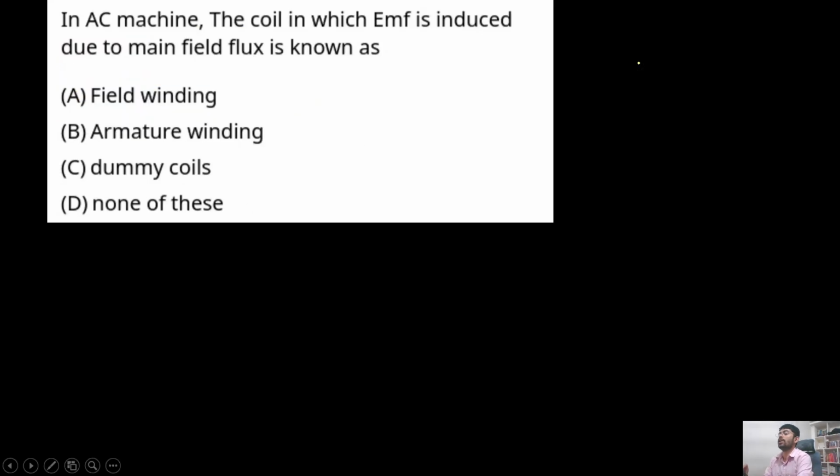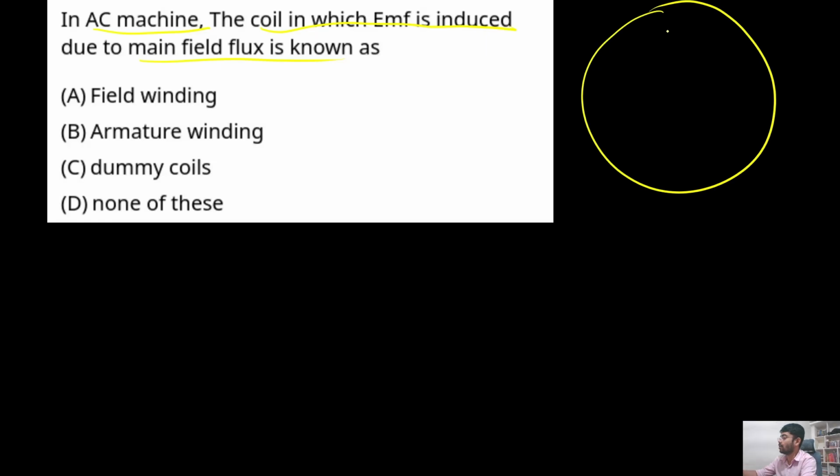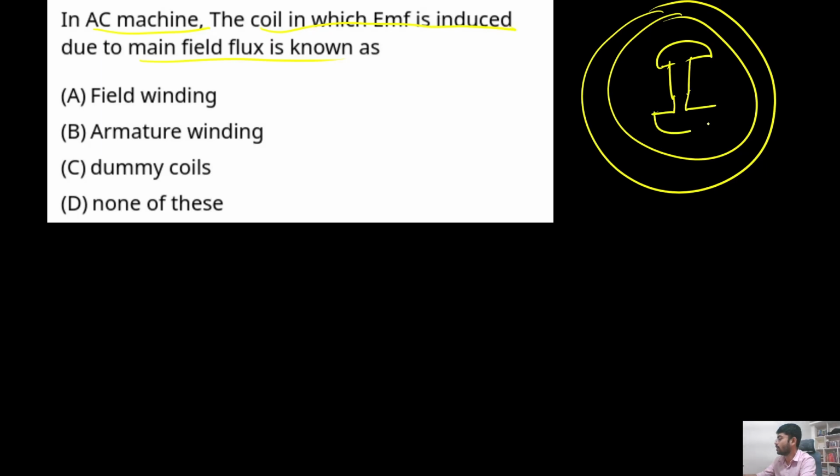Next question. In AC machine, the coil in which EMF is induced due to main field flux is known as. Let's say for example we take a synchronous generator. So the main field is on the rotor. Whenever it is rotating, EMF is induced in the stator winding, right?